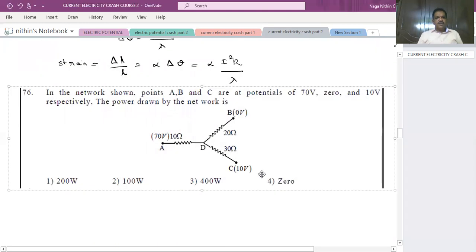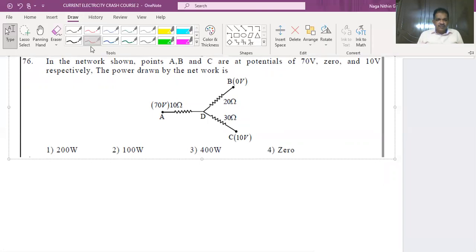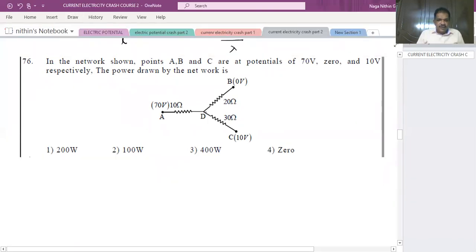In the network shown, points A, B, C are at potentials 70, 0, and 10 volt. Power drawn from the circuit is? Now see, here I am assuming the potential is V. First, we will find the V value. From that, we will find the power.